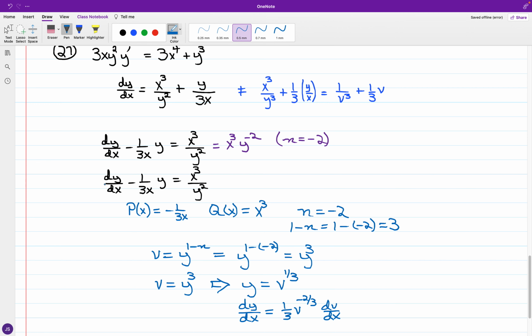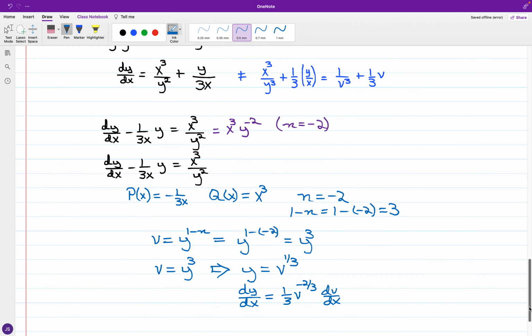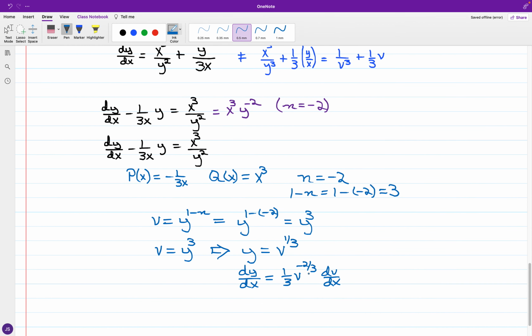And rewriting this in the nonlinear Bernoulli equation in terms of the substitution variable v.